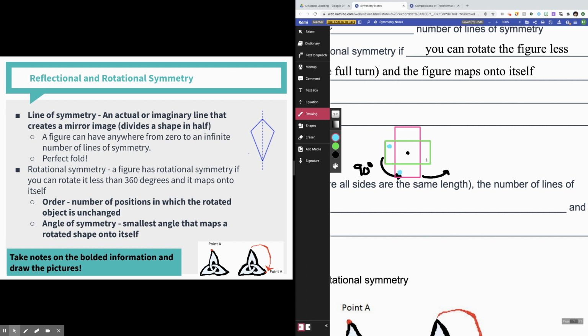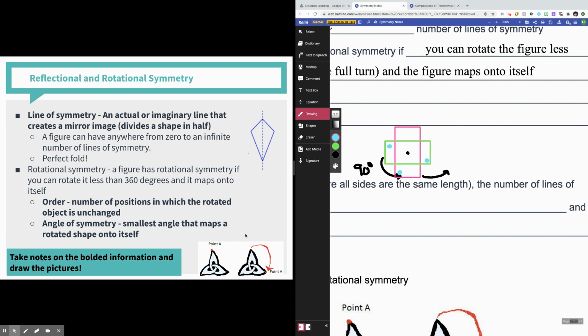It's moved to this corner. So this shape has rotational symmetry because I can turn it on top of itself less than one full turn, less than 360 degrees, and the figure maps onto itself. That's what rotational symmetry is.